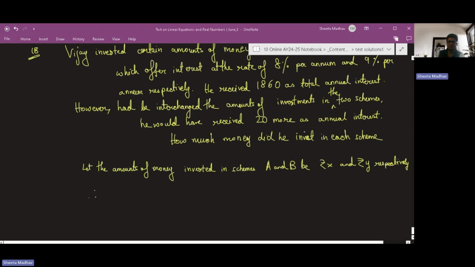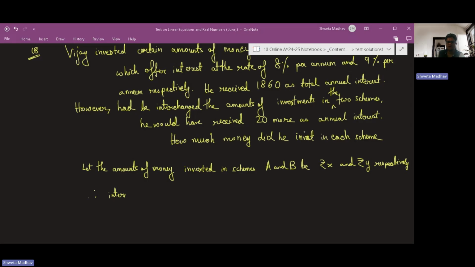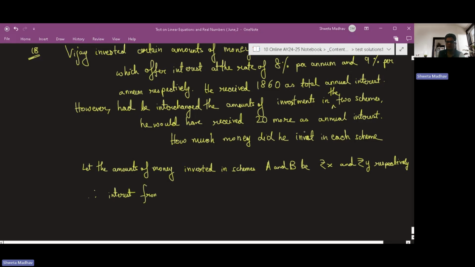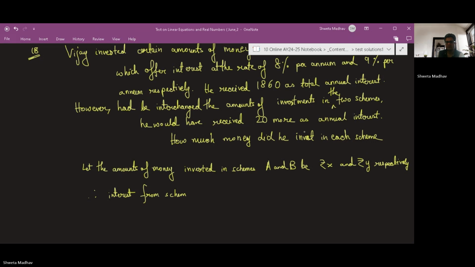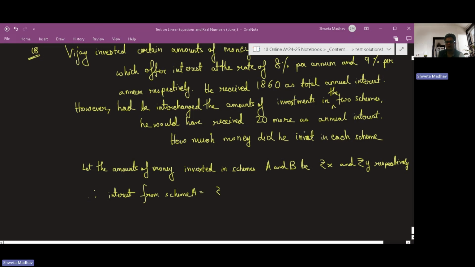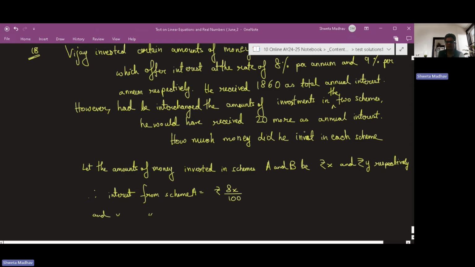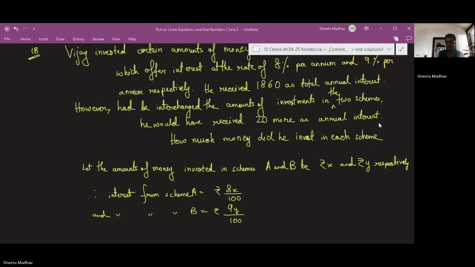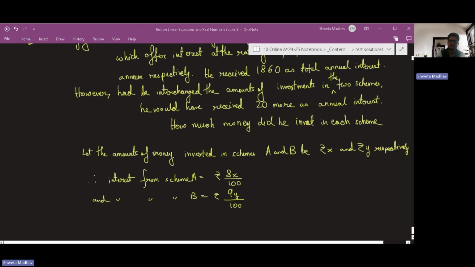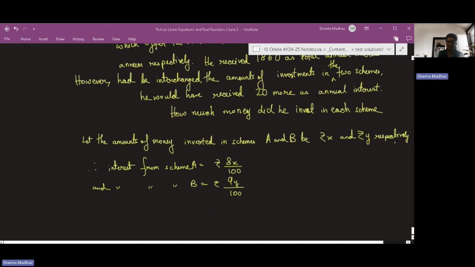So therefore, the interest obtained from the scheme A will be rupees 8x by 100, and the interest obtained from the scheme B will be rupees 9y by 100.